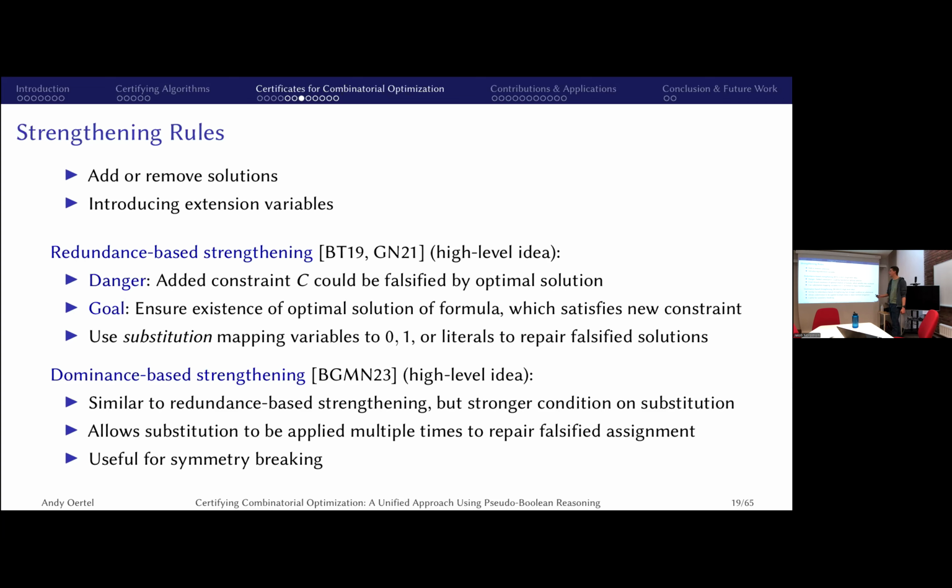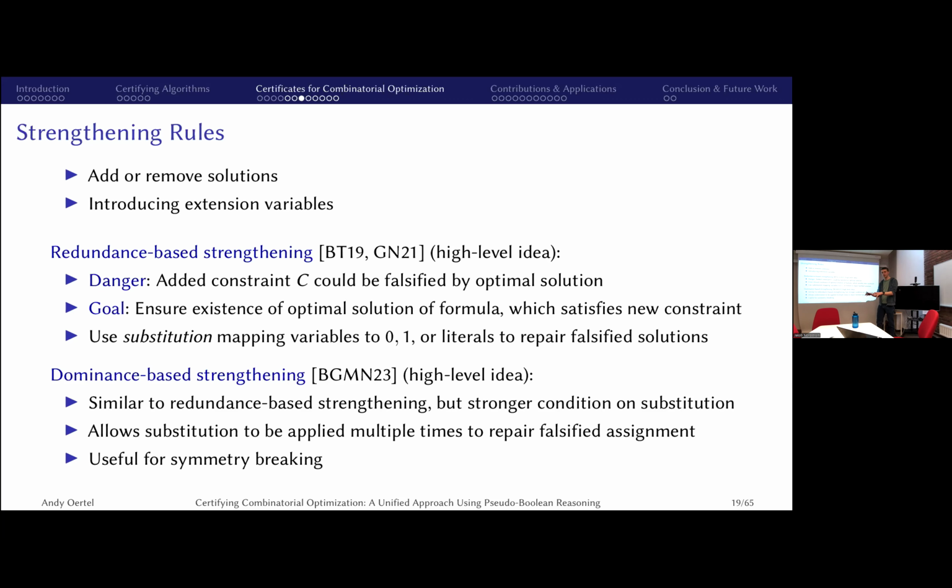In the redundance-based strengthening, we only have one application of the substitution to repair the falsified solution, whereas here we can apply the substitution multiple times, and at some point we are guaranteed that the repaired solution satisfies the formula and the added constraint.